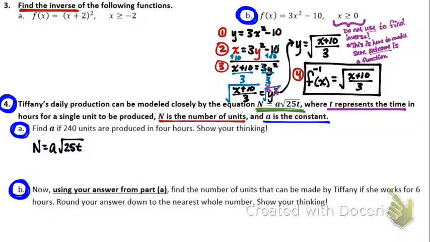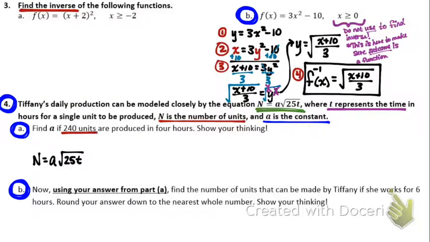All right, so as I read through part A, what information do they give me? We have the equation from up above, but then when I read part A, they give us N. Which part is N?